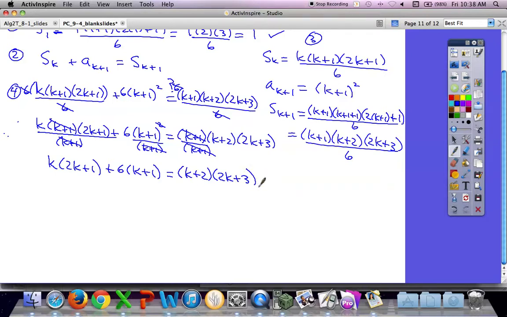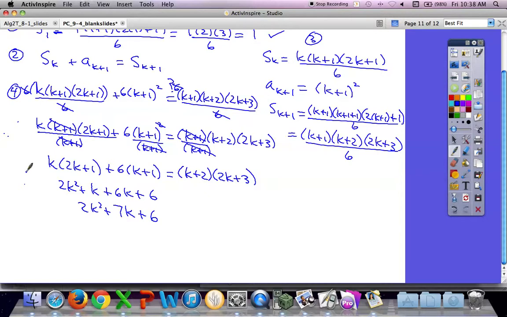Again, we need to make the left look like the right, or the right look like the left, or somewhere meet in the middle. Let's start with a little distributive on the left. 2k squared plus k, plus 6k plus 6, which is 2k squared plus 7k plus 6. Now we still need to make this look like this.